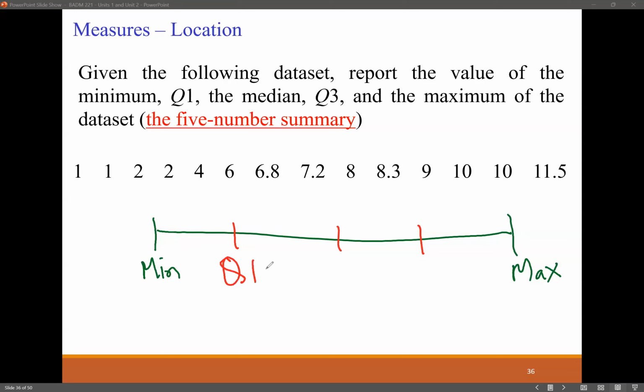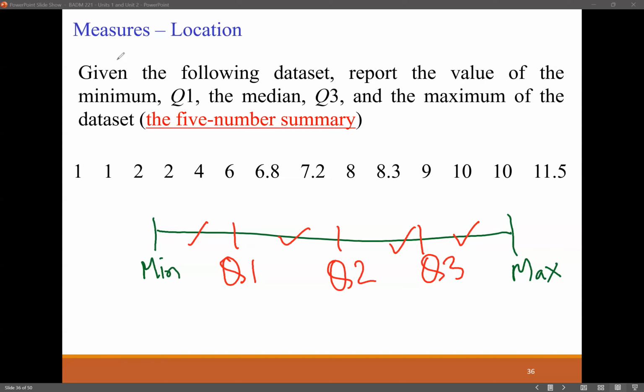So Q1, Q2, and Q3. And this is the 4 parts, 1, 2, 3, 4. So if it is asked that in this following data set, calculate the 5-number summary, that means you need to find the minimum, the maximum, Q1, Q2, and Q3.